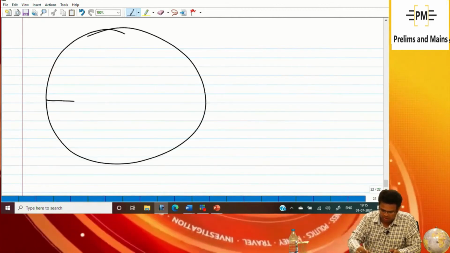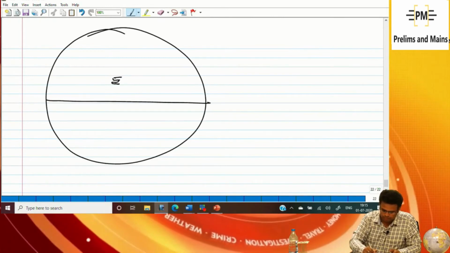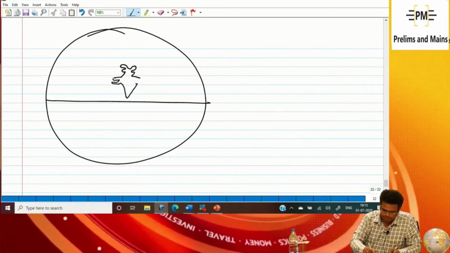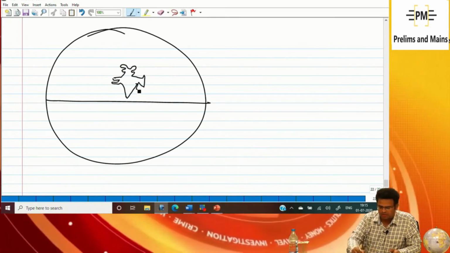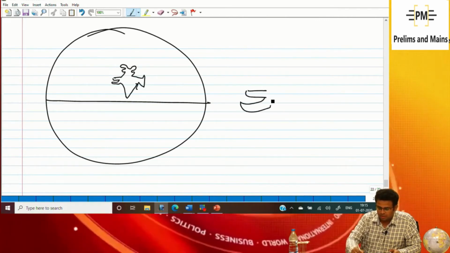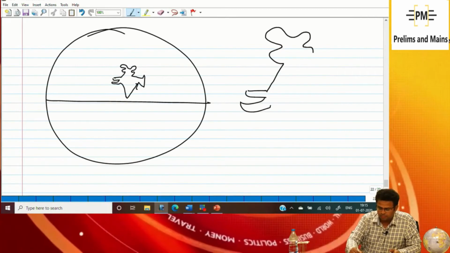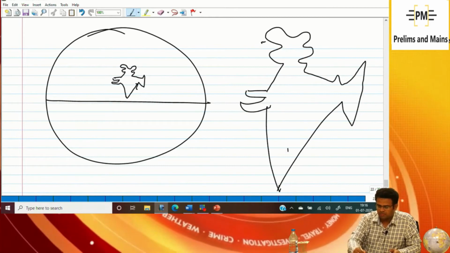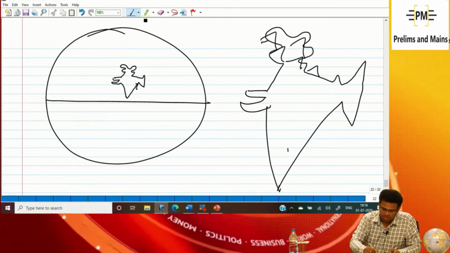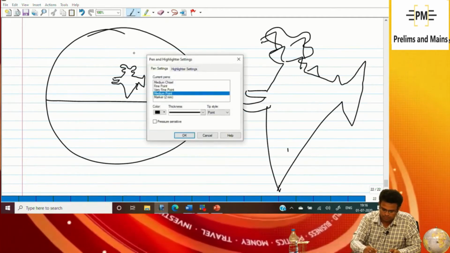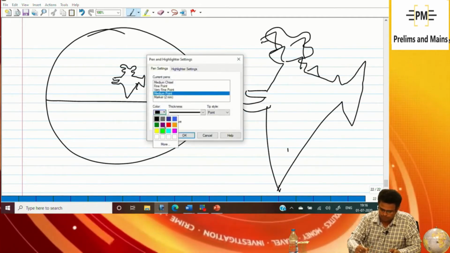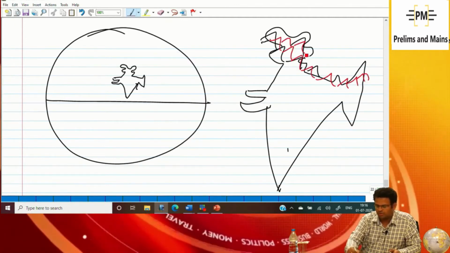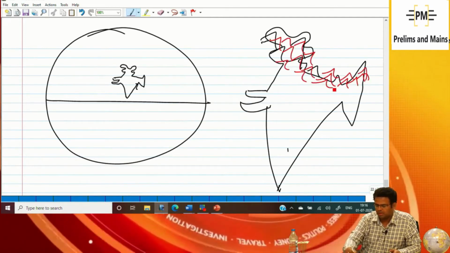If I say this is the equator and here is your India, the northern section of India is full of the world's highest mountain ranges.